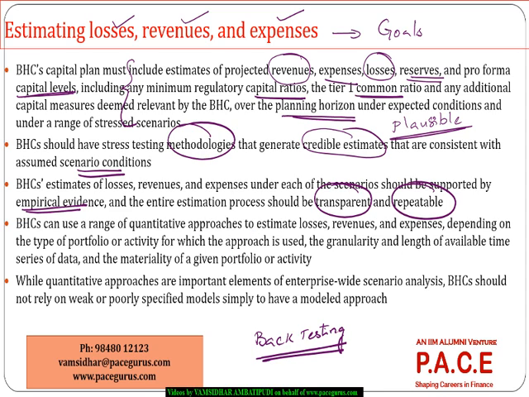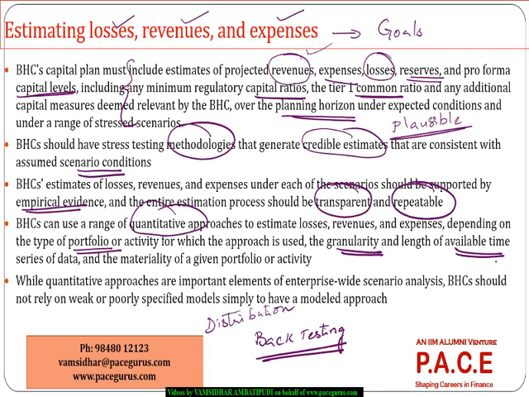effectiveness of the estimate. Now, it can use a good amount of quantitative approaches, so it could use the different kinds of distributions for estimating different kinds of numbers. Like for losses, it can use one distribution, for revenues, it can use another distribution. So depending on the type of the portfolio, depending on the type of the data, it can use an appropriate distribution, and it can look at it at an aggregate level or at a granular level.